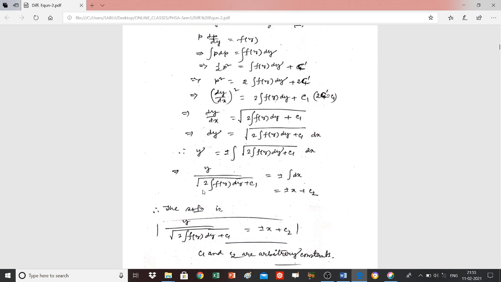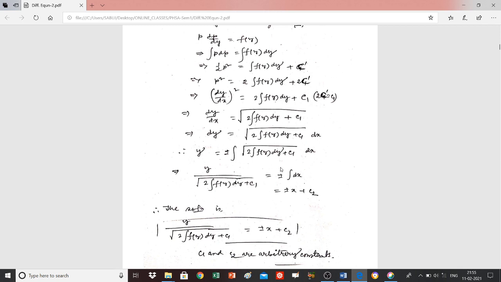So y by root 2 integration fy dy c1, that is equal to plus minus dx, because you have, and that will give you plus minus x plus c1. Okay, from this.